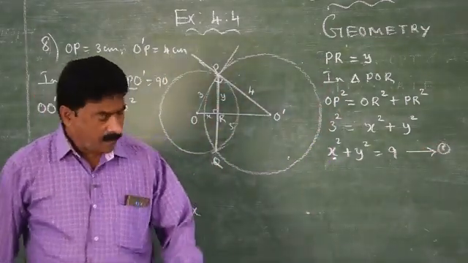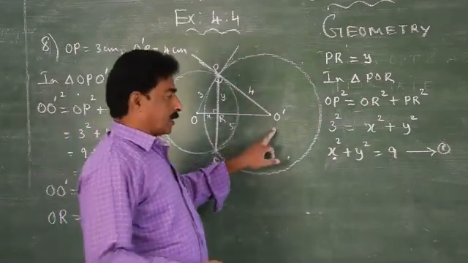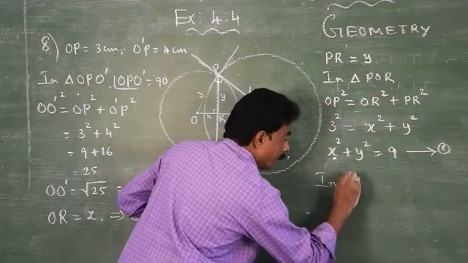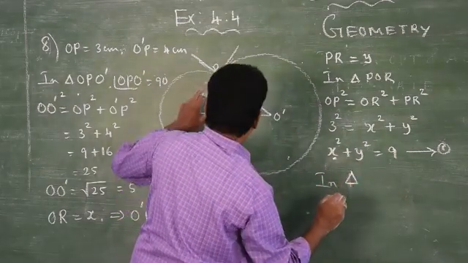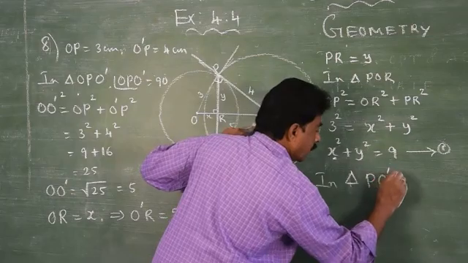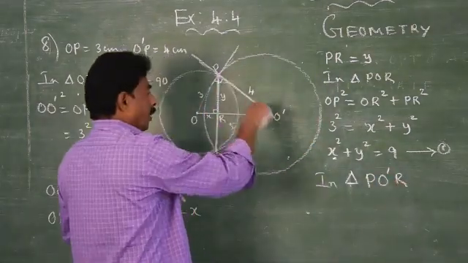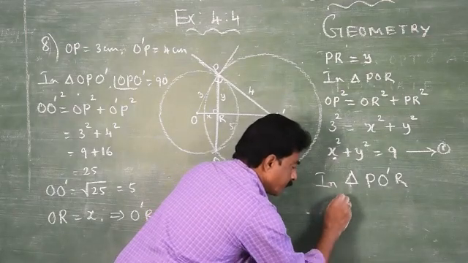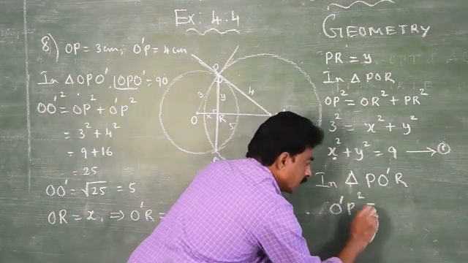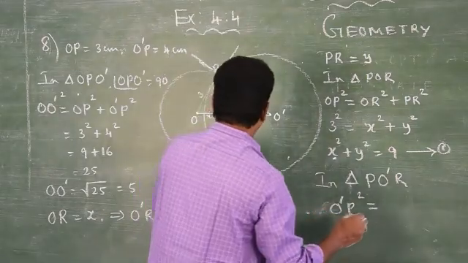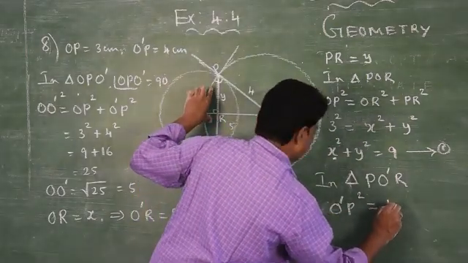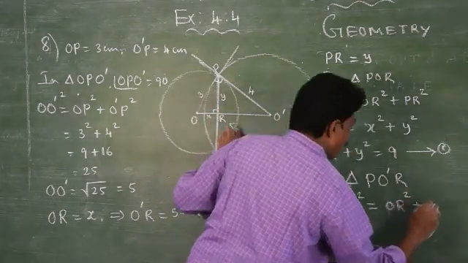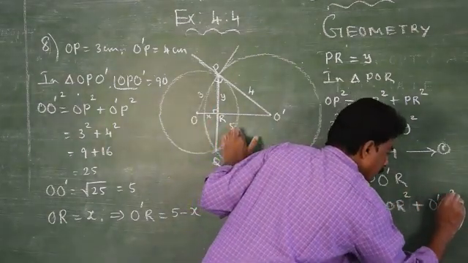In triangle PO dash R, hypotenuse is PO dash. So O dash P square is equal to PR square plus O dash R square.